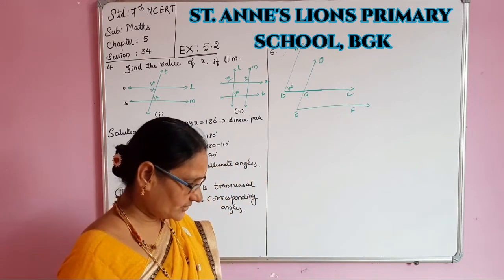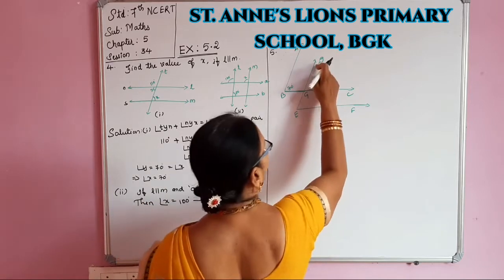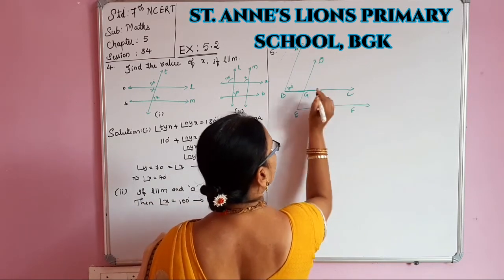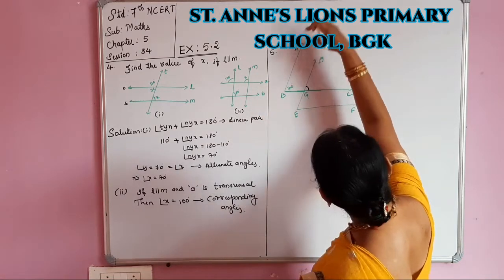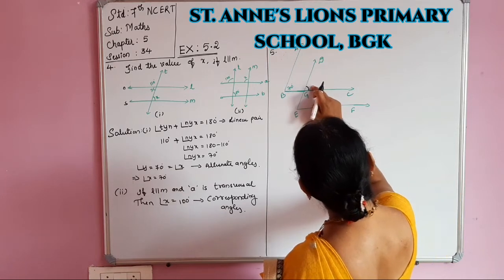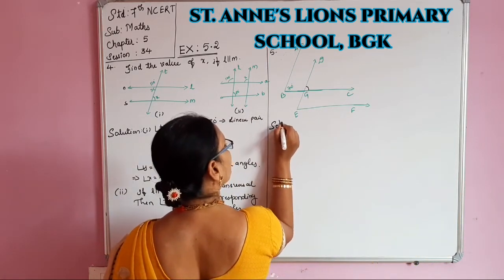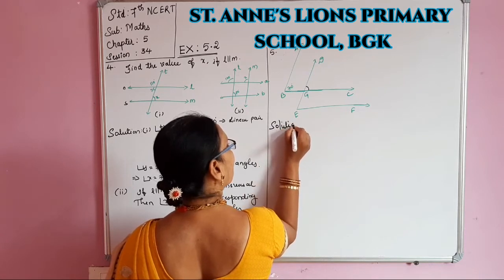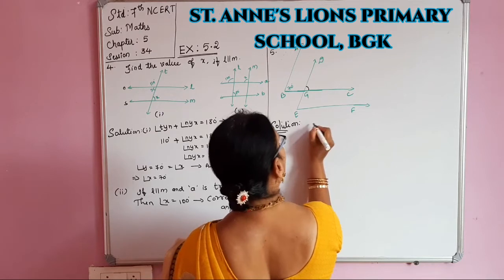Now we have to find out angle DGC. See here, these two are parallel and this is a transversal. This is 70 degrees. What about this? Also 70 degrees. Why? Because they are corresponding angles. Solution.